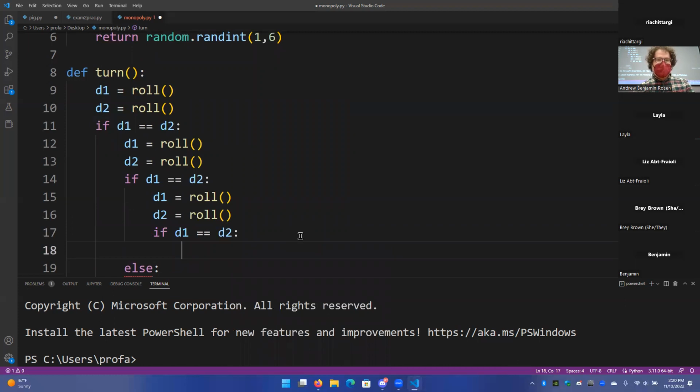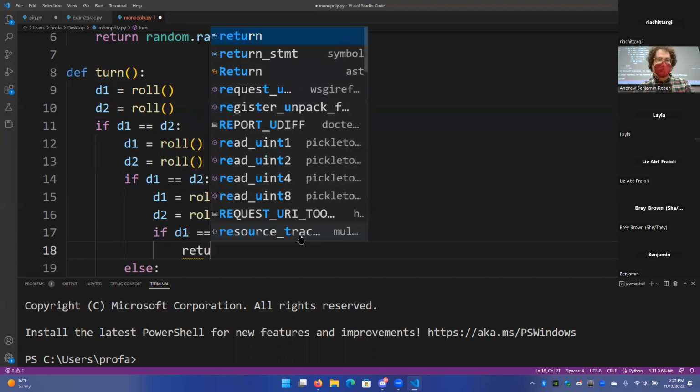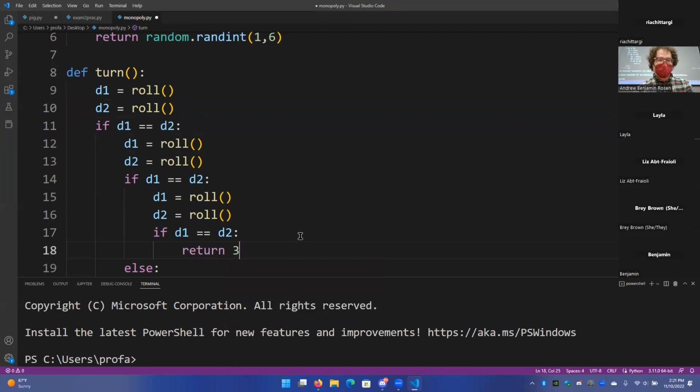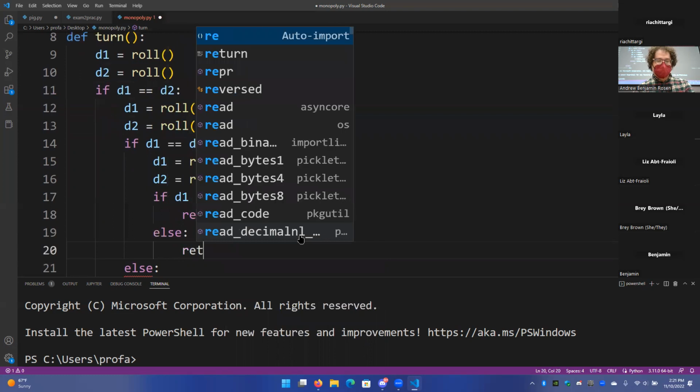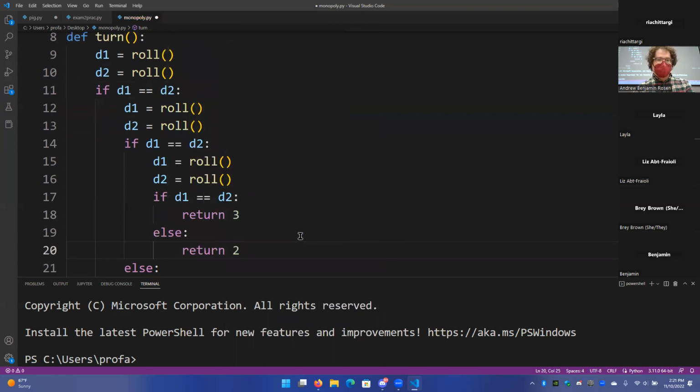Now, if I rolled a pair and then I rolled another pair and they matched, and I rolled another pair and they matched, if all 3 of those if-else statements are true, then I've gotten arrested for speeding. I've rolled the maximum number of times, so the maximum number of doubles. So return 3. Otherwise, return 2.